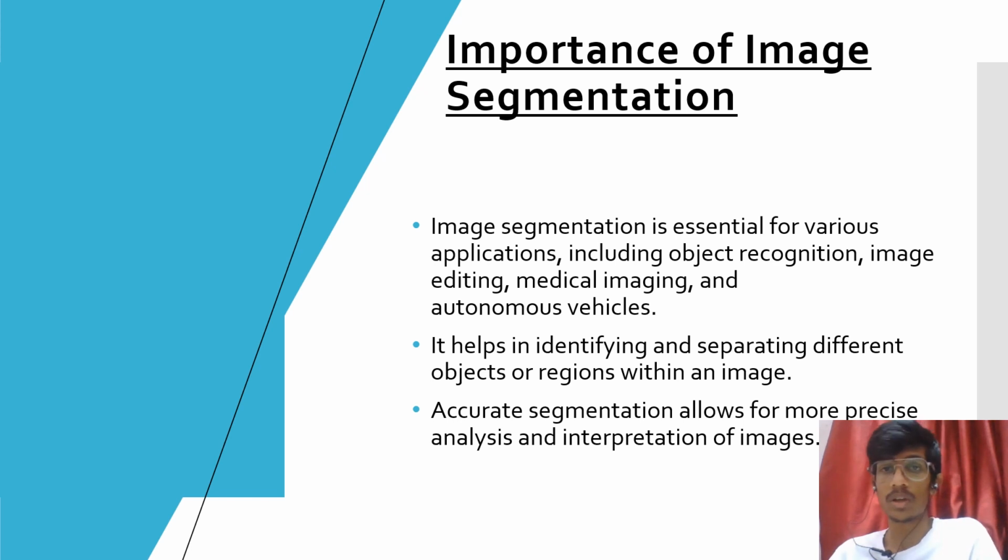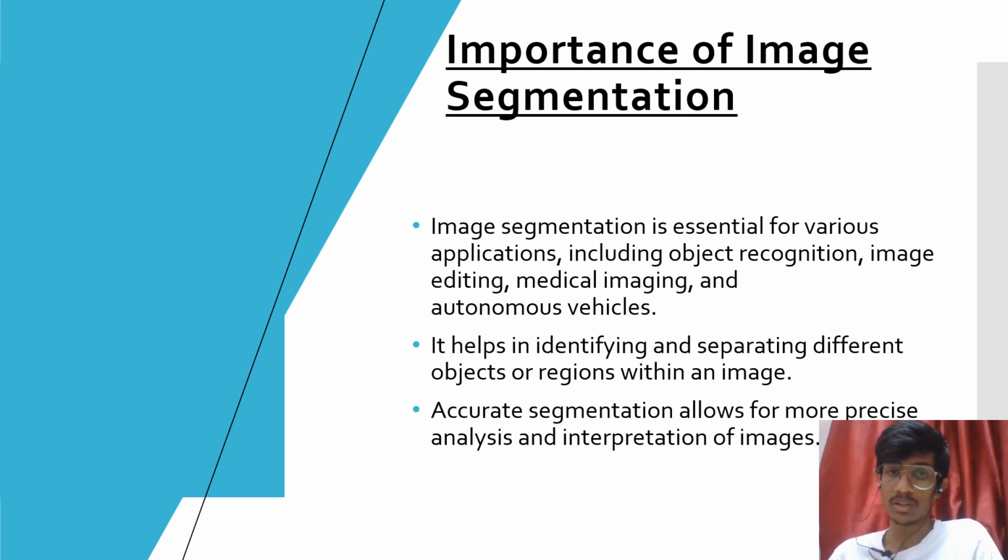Next we have the importance of image segmentation. Image segmentation is essential for various applications including object recognition, image editing, medical imaging and autonomous vehicles. Object recognition helps in machine learning models.